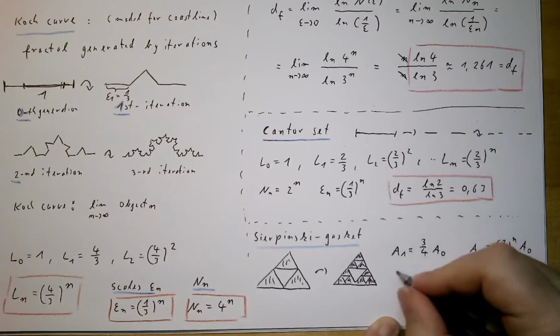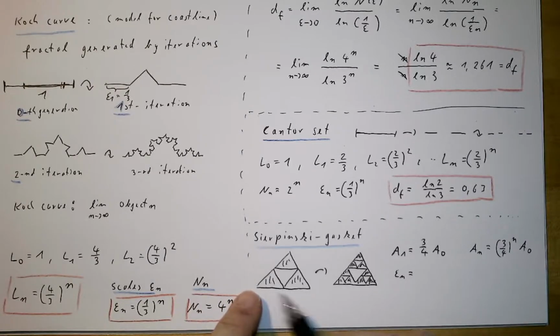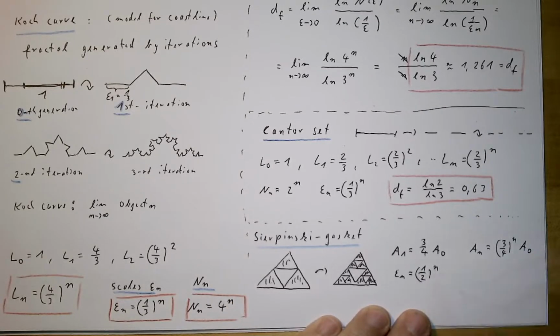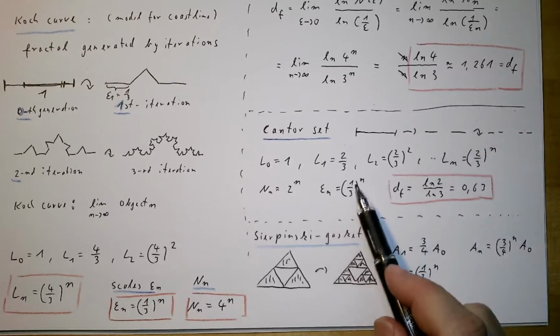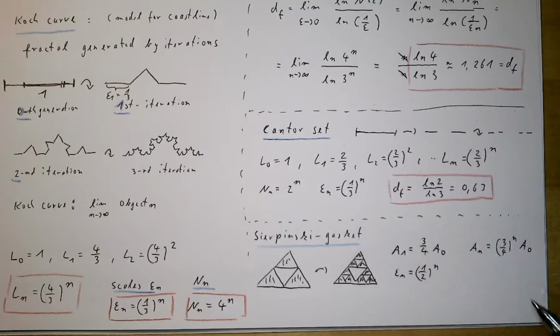So what about the scales here? Epsilon n. In this case we just halve the scale in every iteration. So from 1 we go to 1/2, and so on. So this is 1 over 2 to the power n. So before we always had scales which were divided in 3 parts. Now we divide the scale in 2.